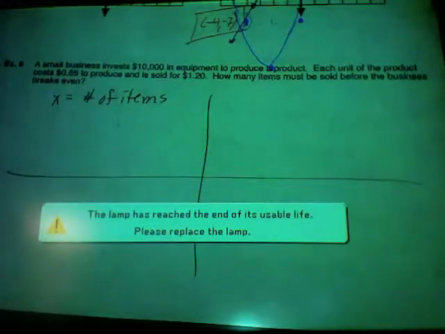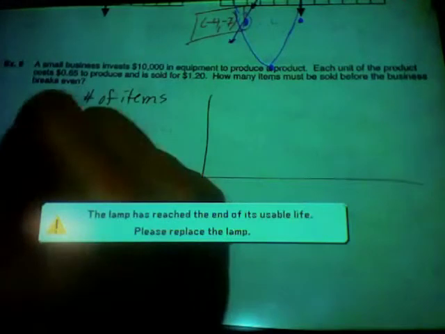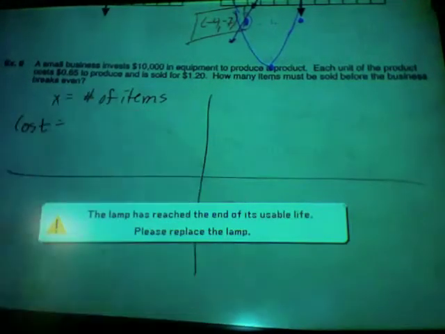Okay, so then how do you find the cost? In general form, how do you find the cost of a business? They have fixed costs and they have variable costs, right? What up there do you see as a fixed cost?